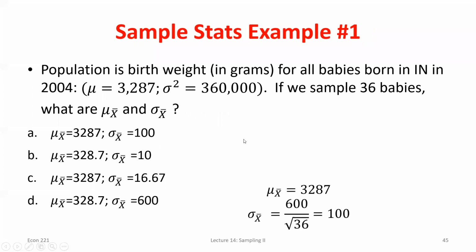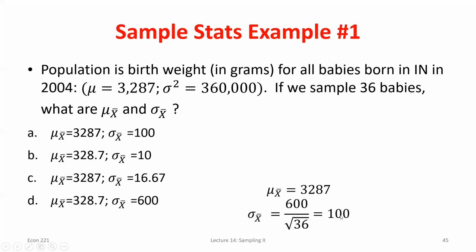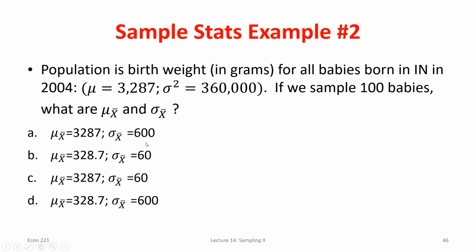When I think about the first example, if I took samples of size 36, my standard deviation was 100. So if I take samples of size 100, I know my new standard deviation has to be less than 100. Looking at these possible answers, the only one that makes sense is that the standard deviation would be 60, and of course the mean of my sample means is always just whatever the original population mean was from the data I sampled from.